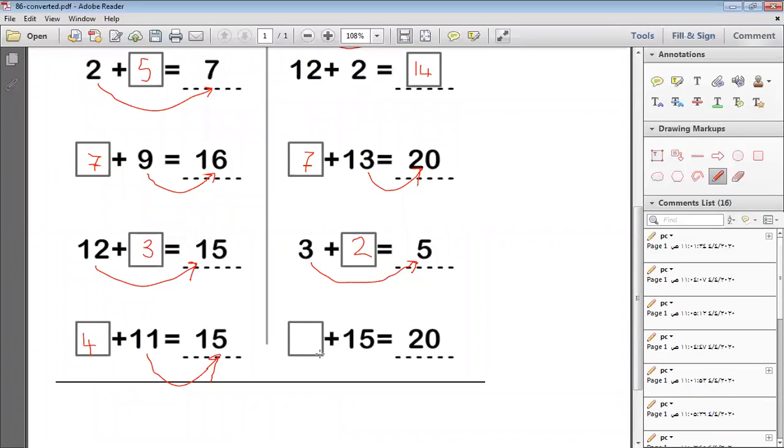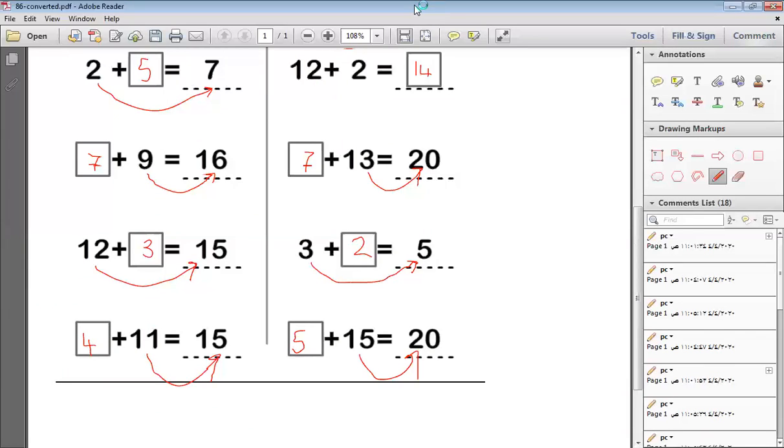Here, this is a missing number or not? Yes, a missing number because he already gives me the total. So I will start counting from the smaller number to the bigger one. After the 15, 16, 17, 18, 19, and 20. So my answer will be 1.